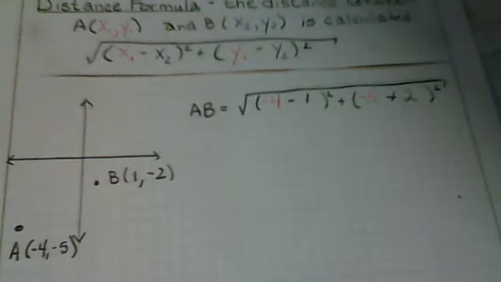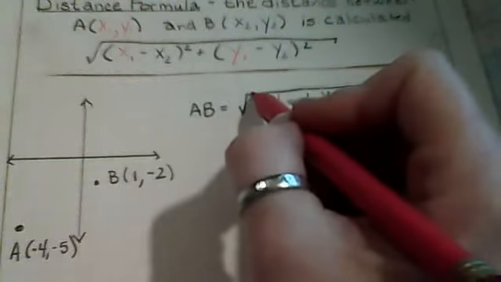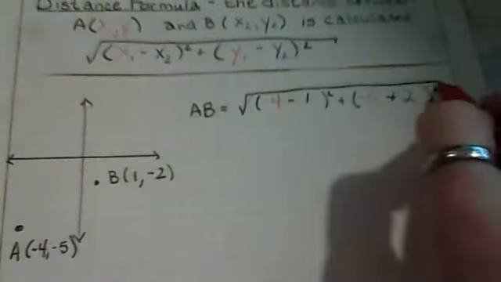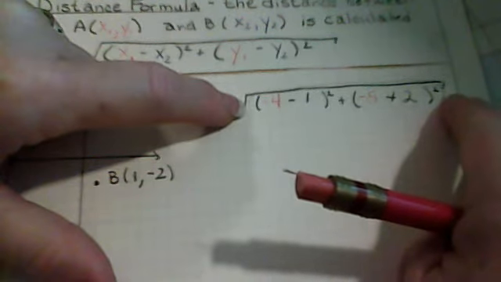Now you could go ahead and put this in your calculator at this point in time, but you have to remember that you would need to put a parenthesis here and a parenthesis here. What those two parentheses would show is the information that you want included under the radical. I find it much easier to simplify the equation down a little bit before I actually input it into the calculator.